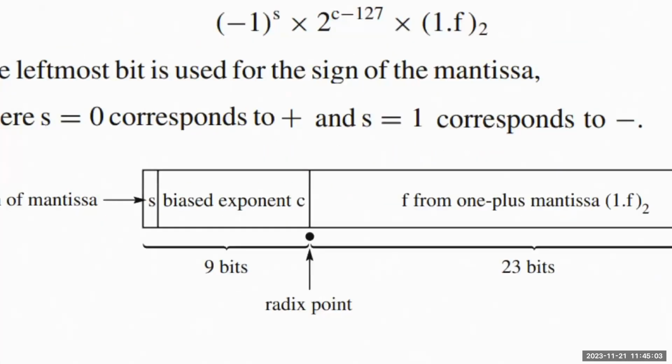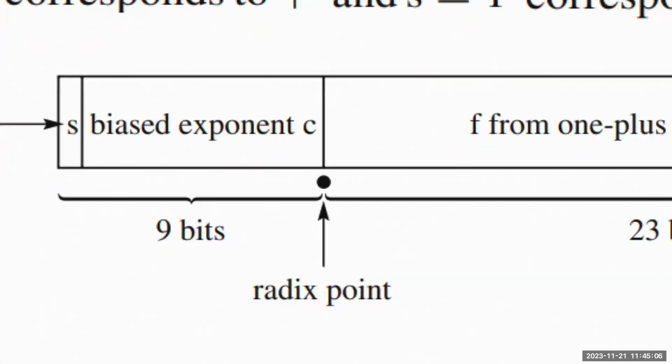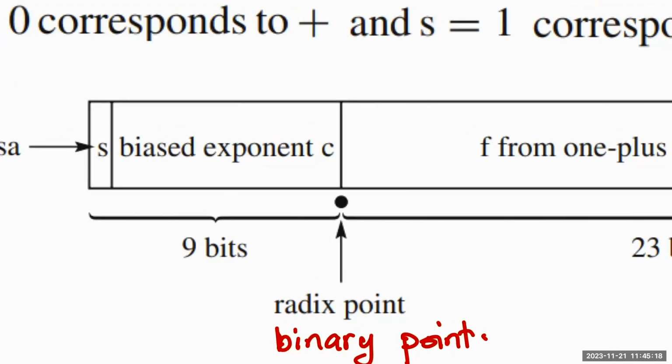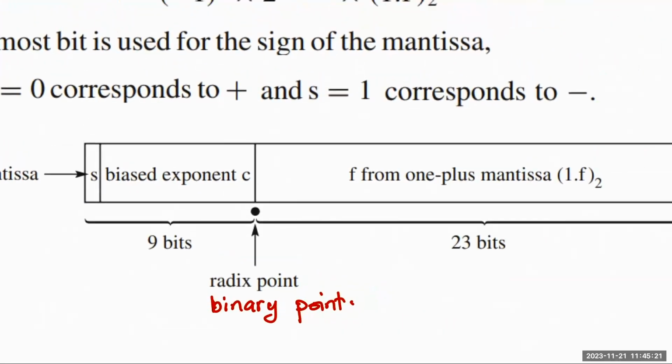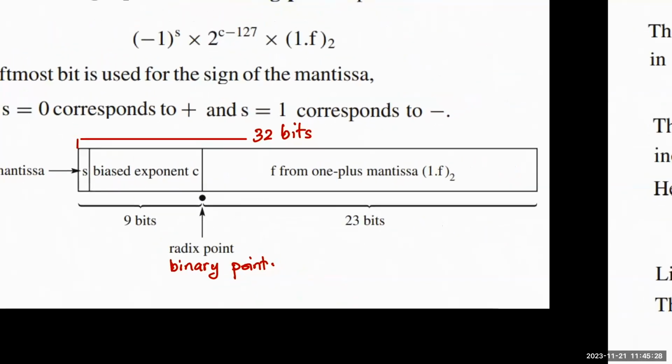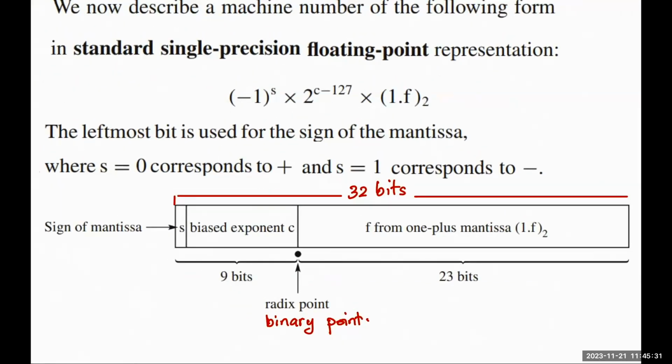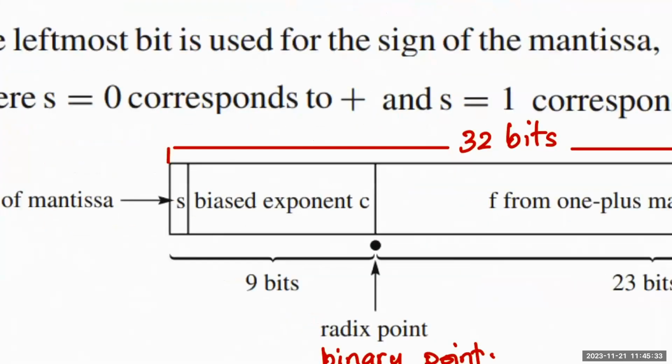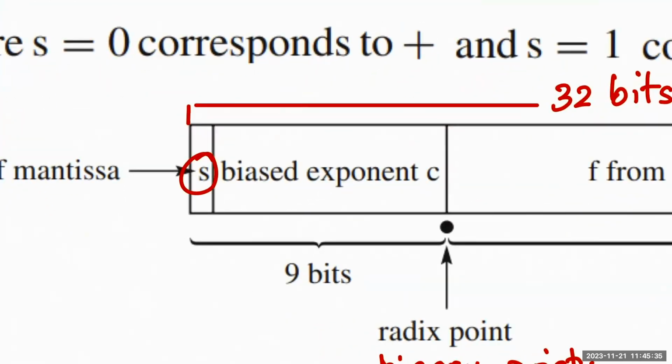So the radix point is similar to the binary point, okay? Don't worry here. In the 32 bits, the first bit is not changed by the sign of the mantissa, or the sign of the number, okay? You still need it.